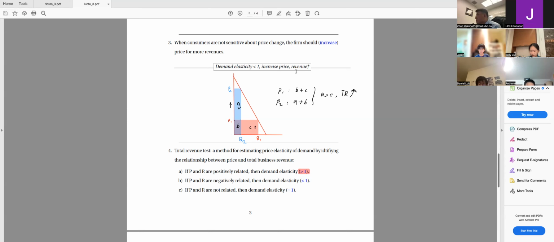Your business revenue, once again, just equals P times Q: your product price times how many units you can sell. So P times Q is this area. Graphically speaking, we use this area to represent the total business revenue, because P times Q is the area of this square.